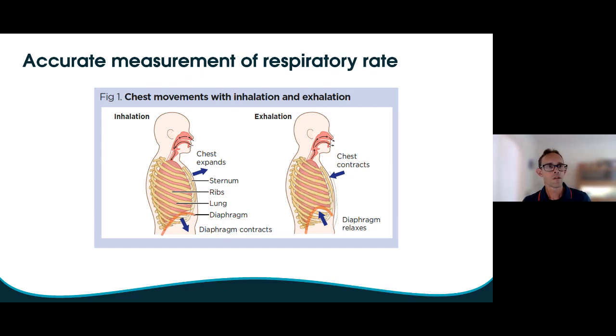So figure 1 here shows that on inhalation, your chest expands, your diaphragm contracts, your intercostal muscles contract, and the chest moves out. The visceral and parietal pleural layers separate, and you draw air in. On exhalation, it's more of a passive event, and the chest contracts, the diaphragm relaxes, and you breathe out.